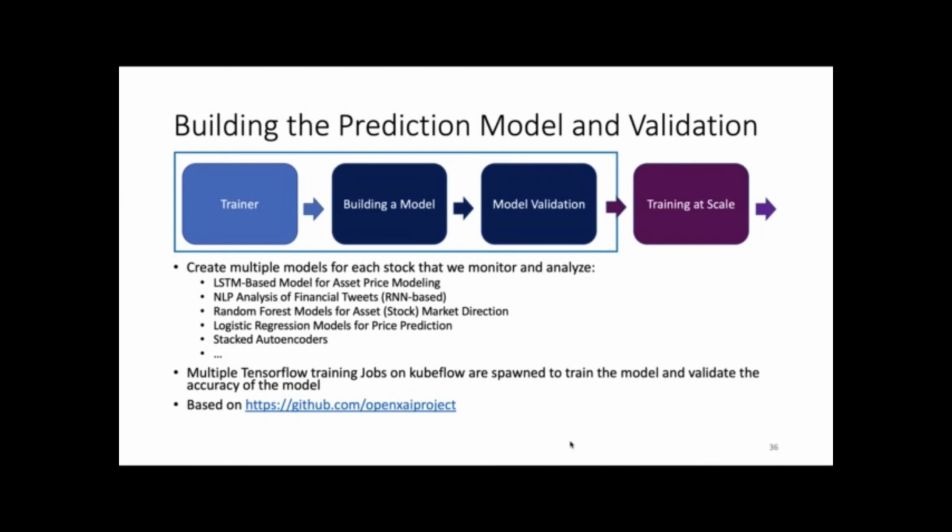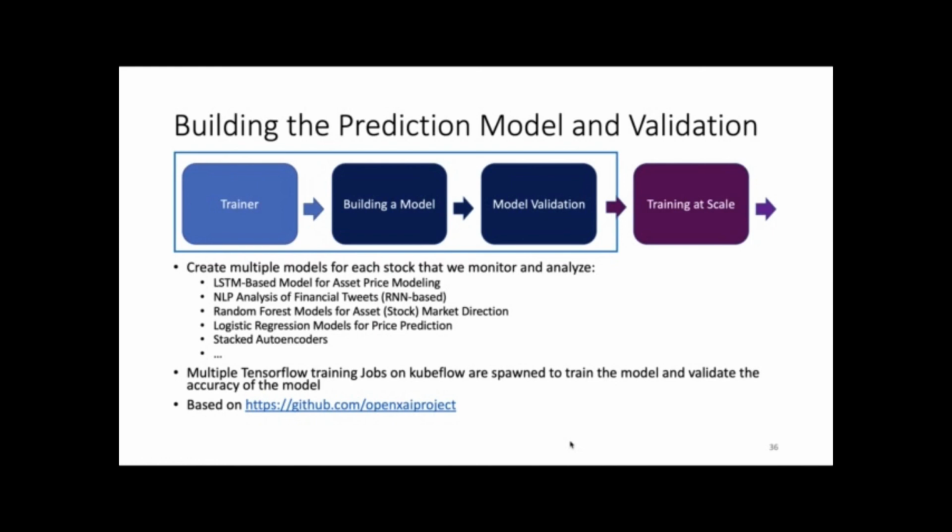And this part is executed using TensorFlow jobs, TFJobs, created on Kubeflow, where the long short-term memory LSTM for price prediction, the random forest models for asset market prediction, and the natural language processing analysis for the media and the tweets and textual information.